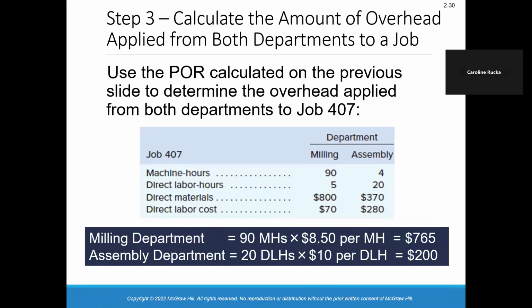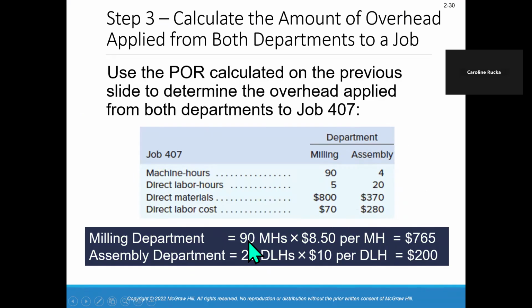So we're using our predetermined overhead rate, which we calculated on the previous slide, to determine the overhead applied for both departments. We have this information that we received in a previous slide.